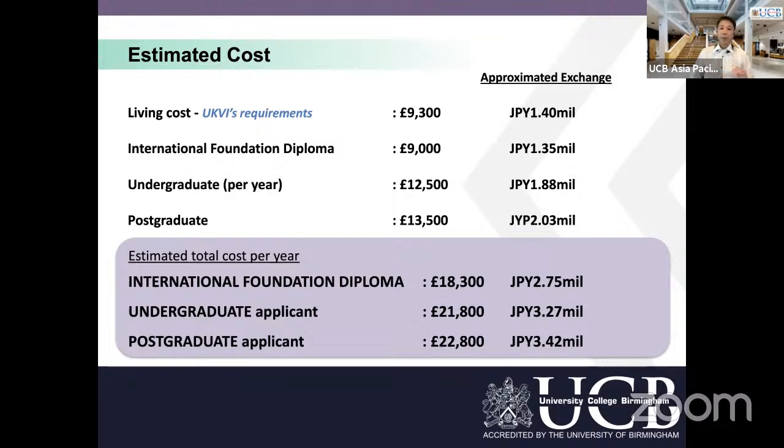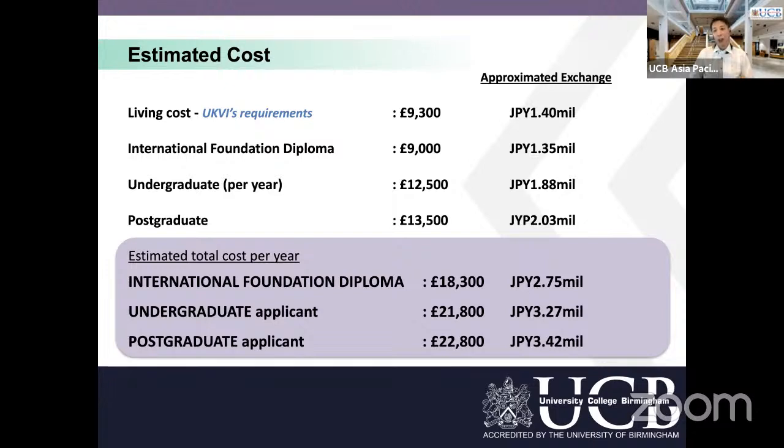Now, the living cost we talk about is just for a general student, and it should be sufficient. Most importantly, you must be able to do some cooking for yourself because I have come across some Japanese students before.